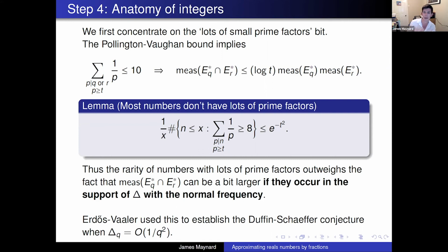However, there's a problematic case that the support of your function delta could be highly concentrated on specific bad numbers with lots of small prime factors, and that could potentially cause problems. But the key principle here is that there are some numbers which can have a bad effect, but typically we expect them to be very, very rare, and so rare we would have thought that this should have no effect on the average behavior of this measure of the intersection.